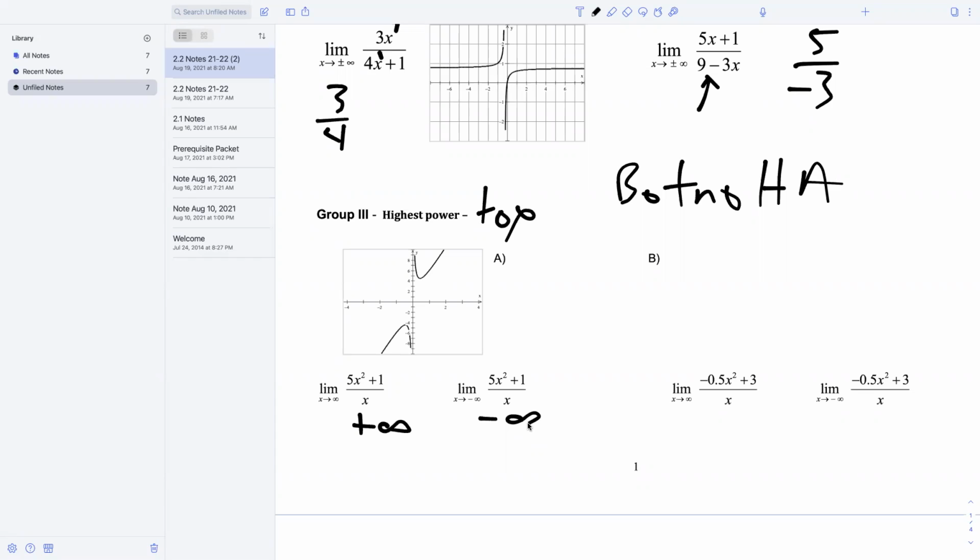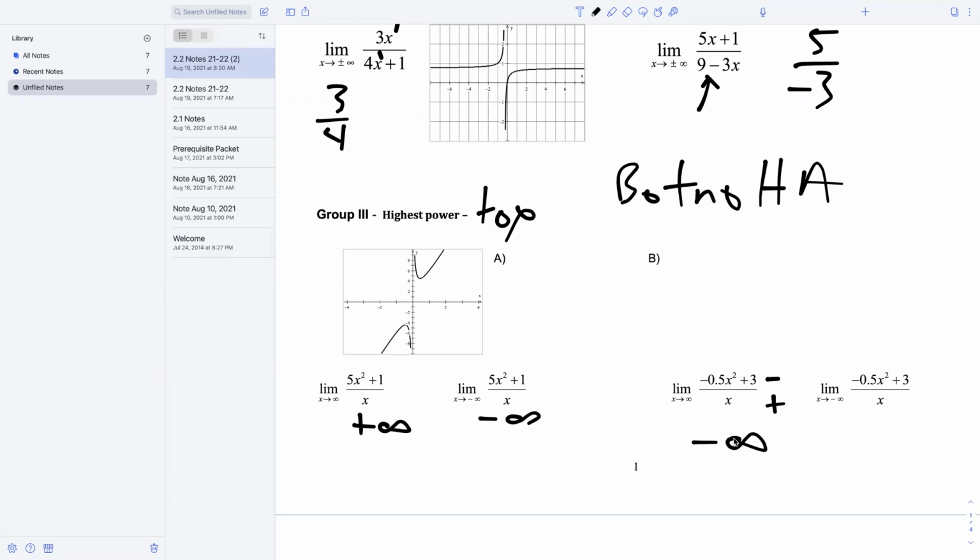My numerator here is squared, which means it must be positive, but then I multiply it by a negative 0.05, meaning that my numerator is going to be negative if I plug in a really large positive number. If I plug in a really large positive number in the denominator, it's going to be positive. I have a negative over a positive, therefore this is negative infinity.